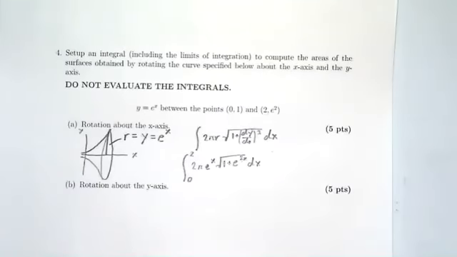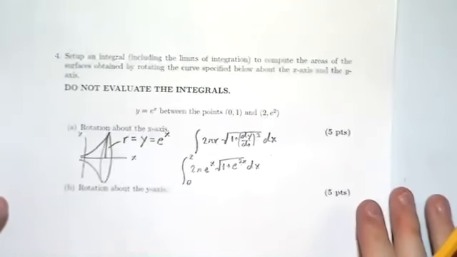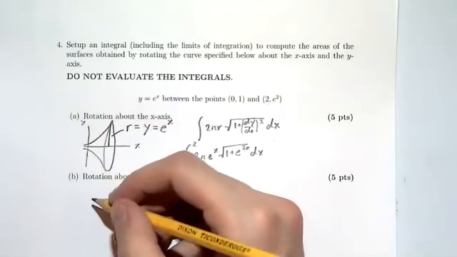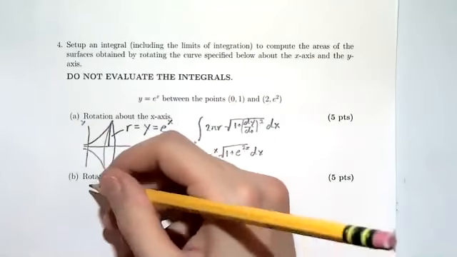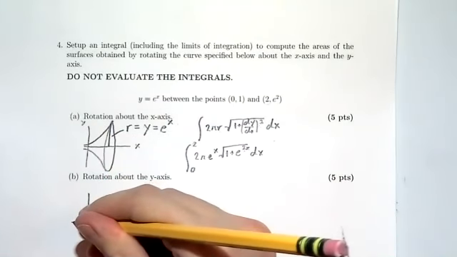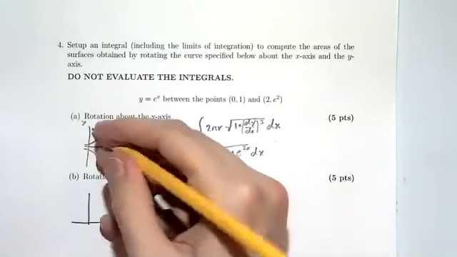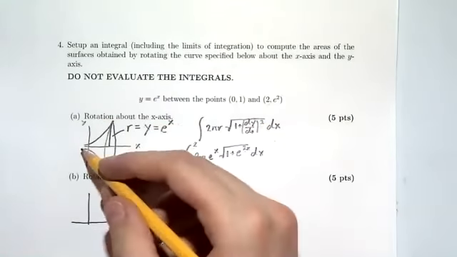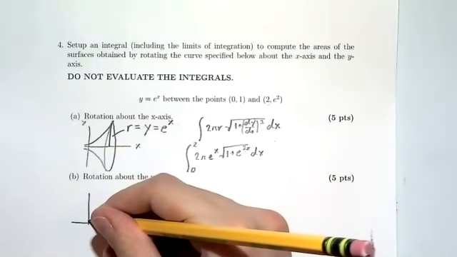So now going about the y-axis, we have to change things up a little bit. So again, I like to draw my figure. So here's going to be a little different. And that's because we have e to the x, and we're going from 0 to 2, so we won't have this little bit there.